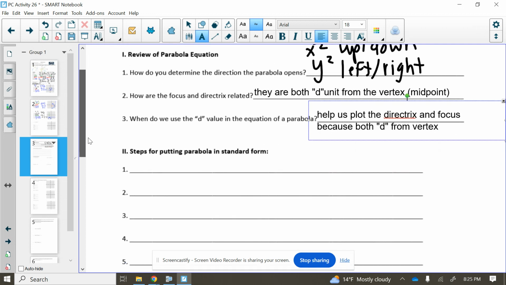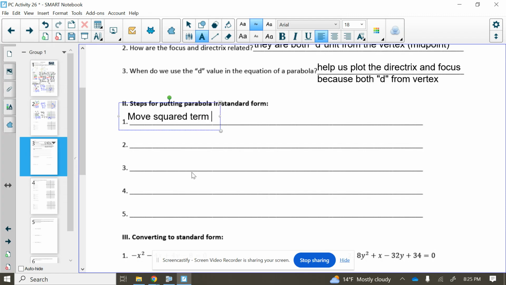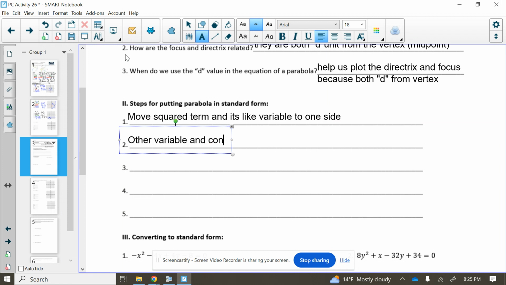Now, what happens though if they don't give us our equation in the best factored form? So we have to, first of all, put our completing the square skills to the test by moving our squared term only and its variable to one side. The other variable, the non-squared, and any constants, the numbers, all move to the other side.